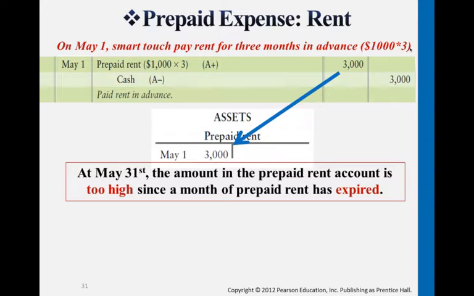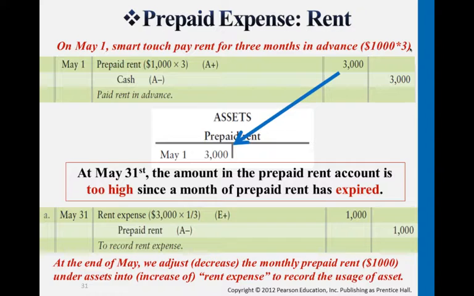Remember this journal entry: if this company paid rental expense in advance for 3 months, altogether $3,000, at the end of the first month, when we use up 1 month of benefit, when this part of the benefit is no longer in force, we want to change that into rent expense. We turn that $1,000 into rent expense, and at the same time reduce prepaid rent. So we reduce an asset account and turn it into a type of expense. This is the first type of adjustment.